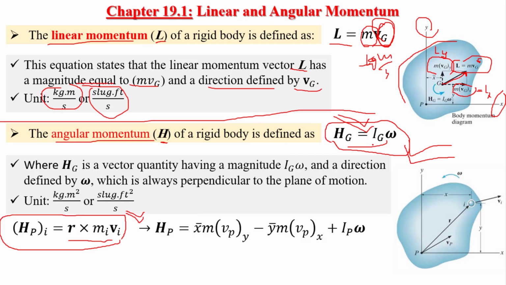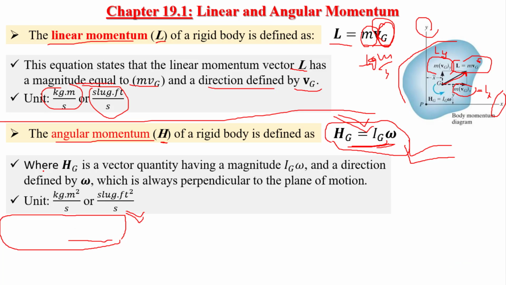Okay, you will end up with this equation, as we'll see in the coming slide. So hg is a vector quantity having magnitude Ig multiplied by omega and direction defined by omega. So it has the same direction as omega, and as a magnitude Ig multiplied by omega. And regarding its unit, omega is rad per second, or 1 over second, multiplied by kilogram multiplied by meter squared. So as a result, it is kilogram meter squared over second, or in terms of English units, this is the unit.